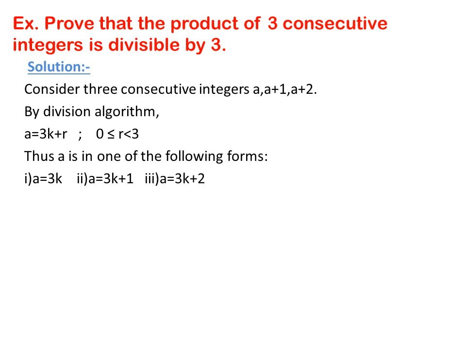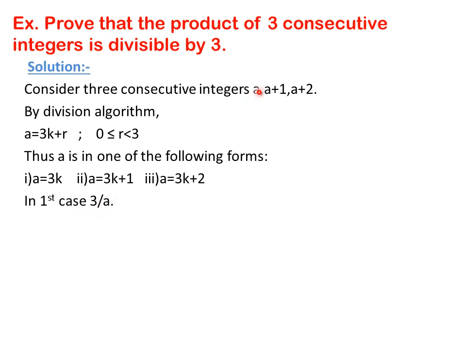So in each of these possible forms, we will prove that from these integers a, a plus 1, a plus 2, one of the integers will be divisible by 3. So let us prove it. In the first case, if a is in the form of 3k, then this first integer is itself, by the definition of divisibility, divisible by 3.